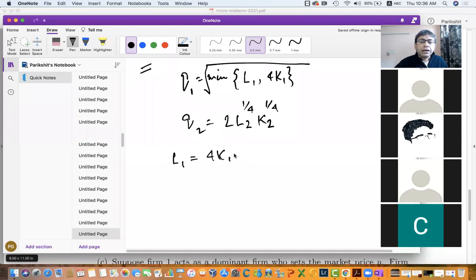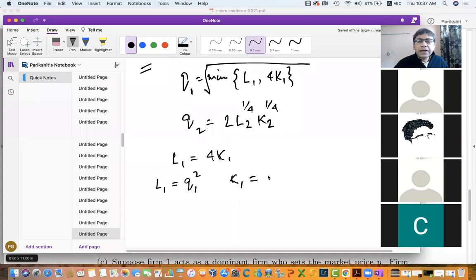That means L1 will be Q1 squared, right? And K1 will be, so Q1 is root over 4 K1.